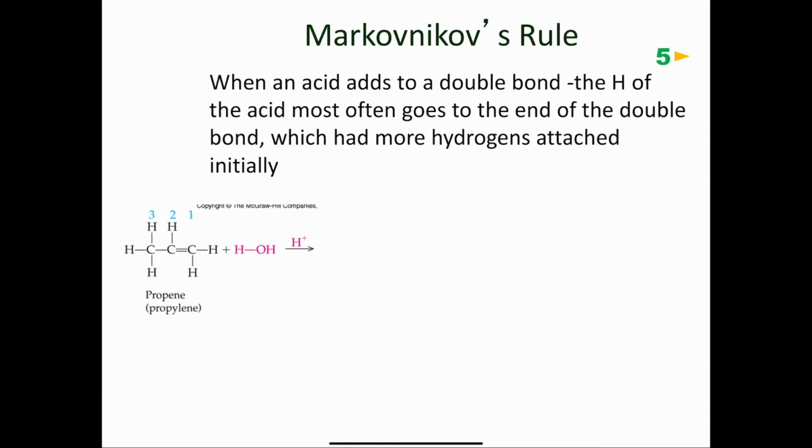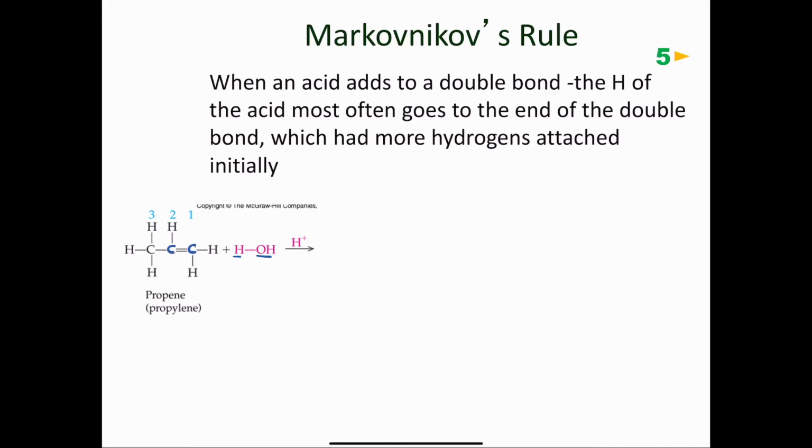Now let's get into the nitty-gritty of Markovnikov's rule by examining the propene molecule. So if we follow the rule, the rich get richer, we're going to add a hydrogen to one of these carbons, to either carbon 1 or carbon 2, and then we're going to add a hydroxyl to the other carbon. Now what's our rule? The rule is the rich get richer. So which one of these carbons has more hydrogens attached to it?